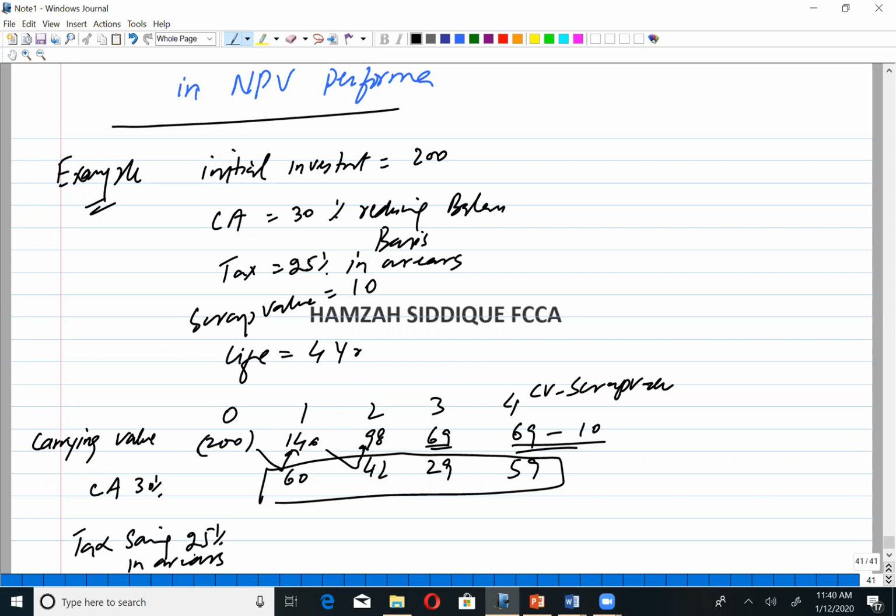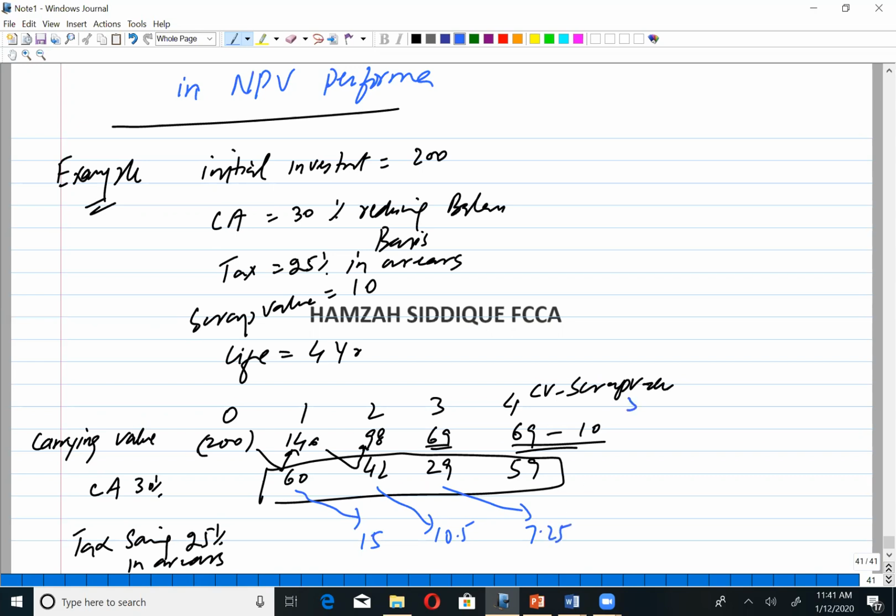I will re-explain it. Don't you worry. So 25% of it, 15 tax saving. 25% of it, yes, 10.5. 29 times 25, 7.25.